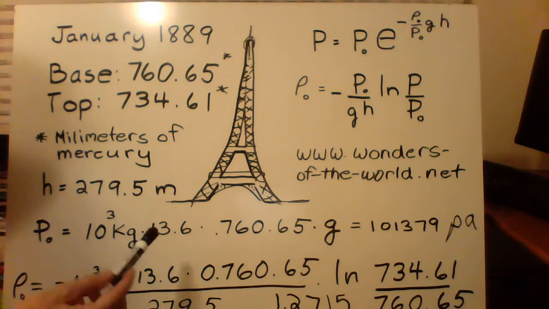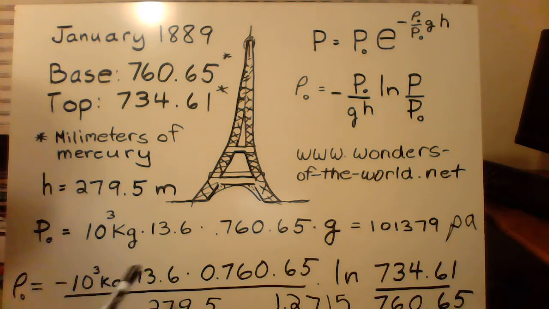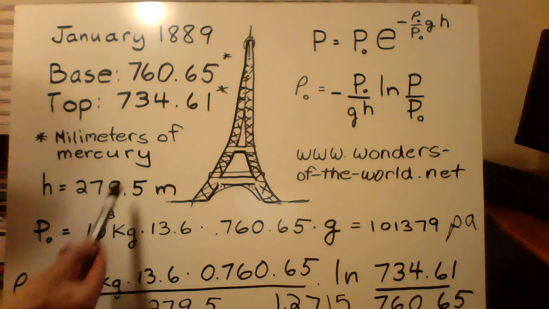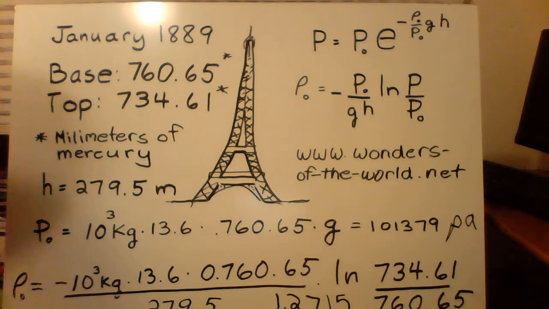There was a distance between the two of 279.5 meters, and they actually recorded the barometric pressures at the base and at the top for different months.